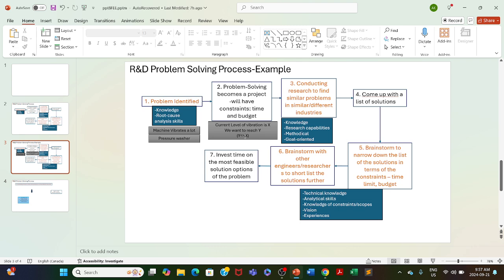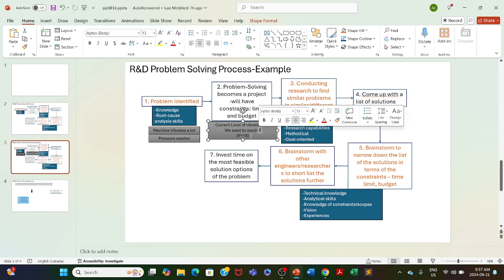improve the level of vibration and reach a target value of Y. So in that case, I have all this information, but this is most likely not a very innovative project because it has already been resolved by the competitors.